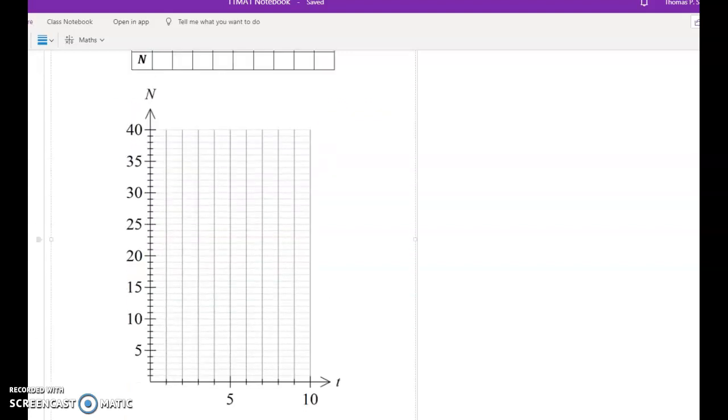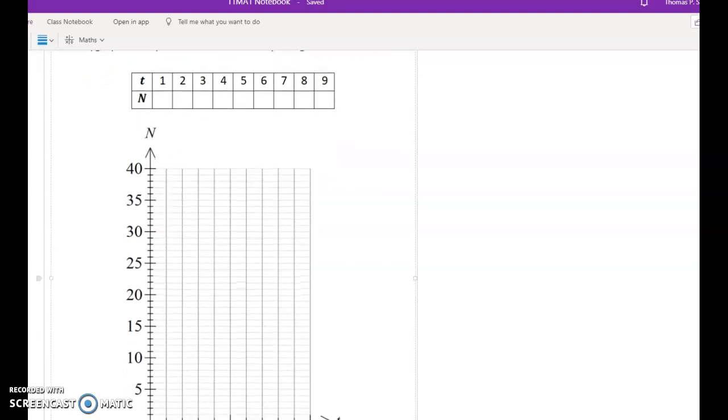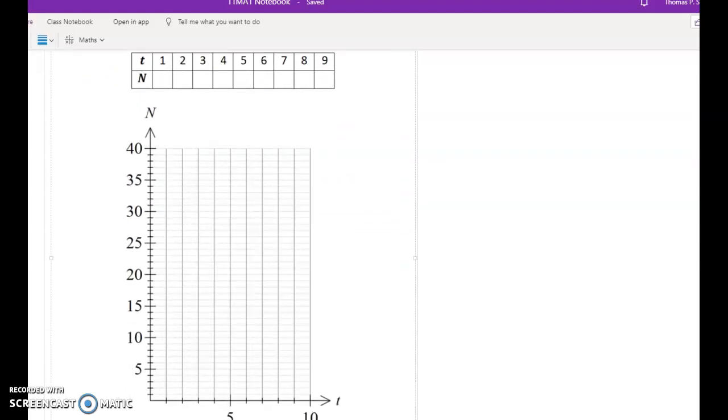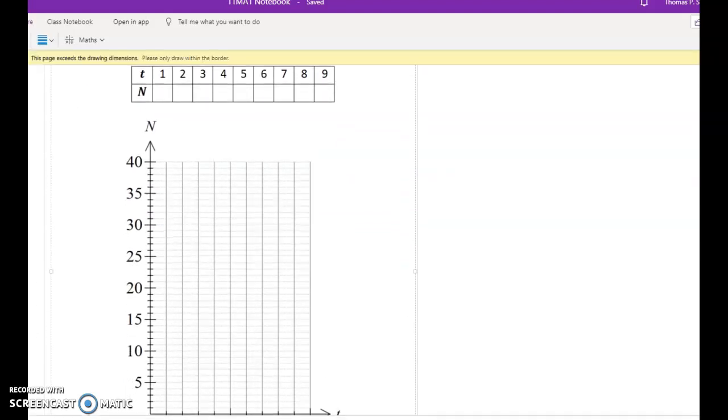So if t is 1, put 1 into the equation, we get 36, and then each time it's going to drop off. If we put 2 in, we get 18.